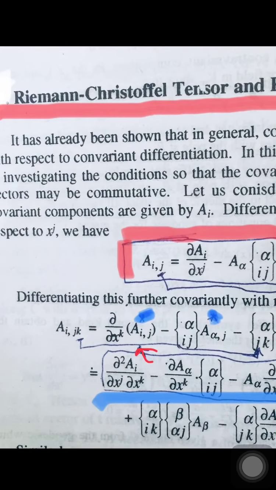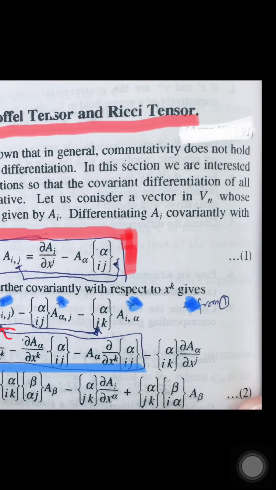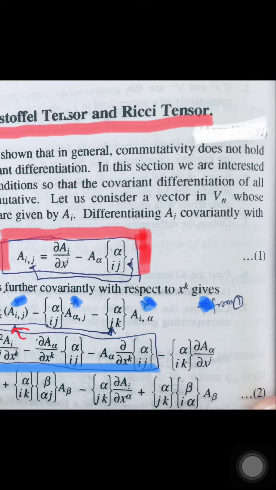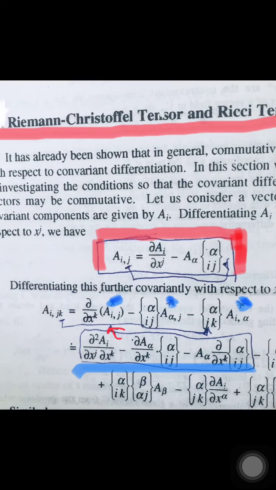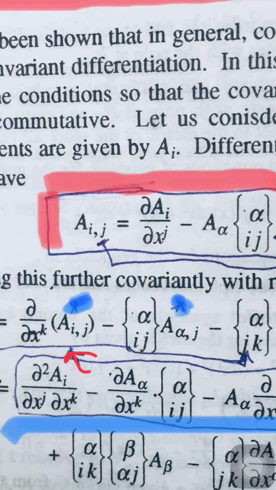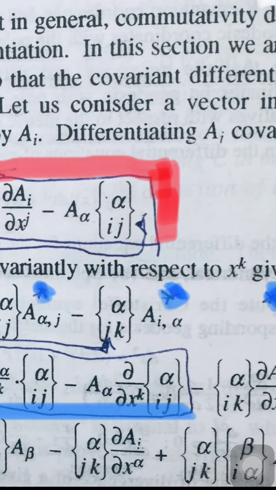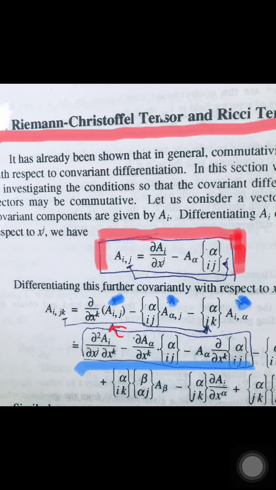What we are doing is covariantly differentiating again. This covariant derivative of the vector Ai, in other words equation 1, is again covariantly differentiated with respect to xk, as you are seeing here. This is important, how we get it.